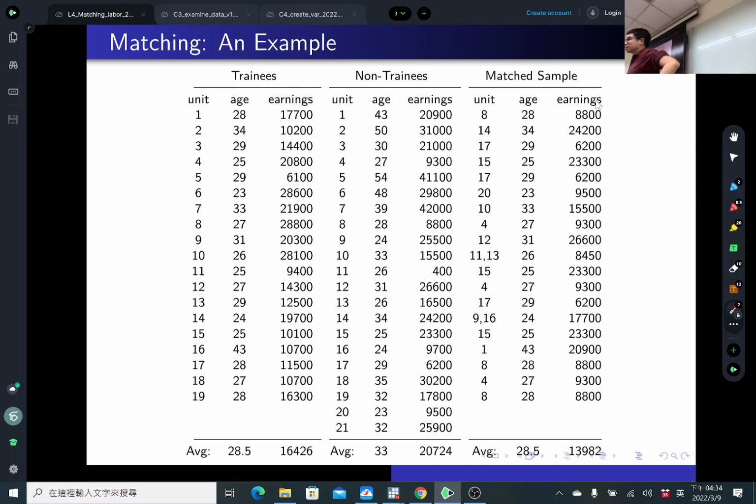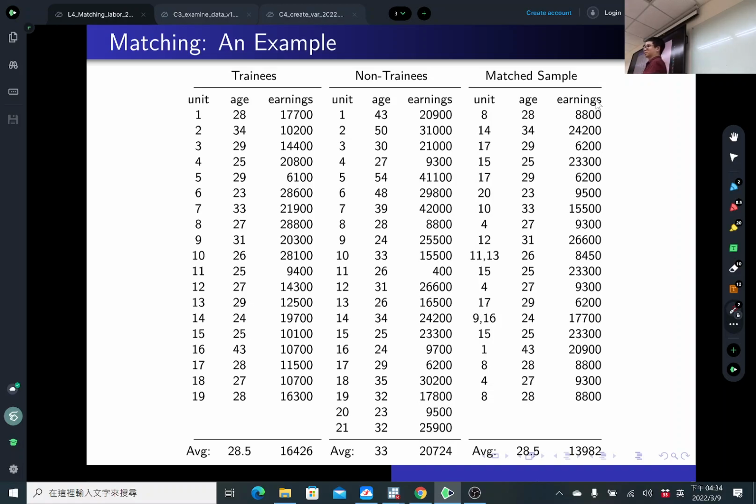Unit 8, this one, on the third column, it's used multiple times. Is it okay to do that? Yeah, you can do that. But that's the so-called question of whether you allow replacement or not.